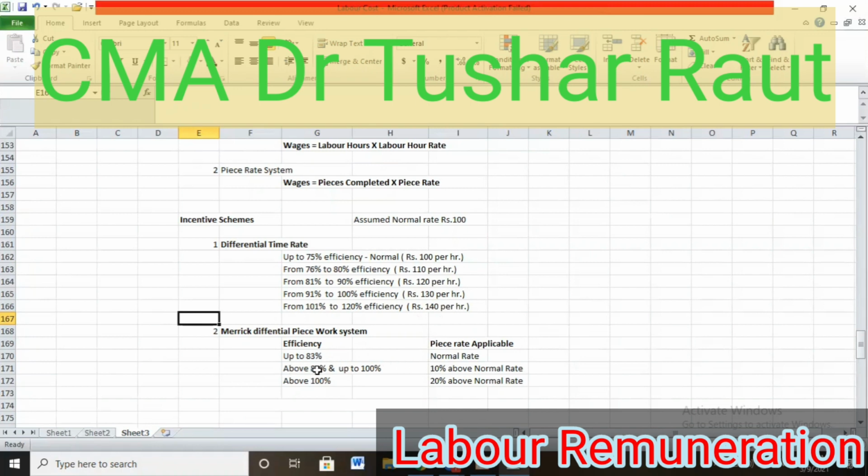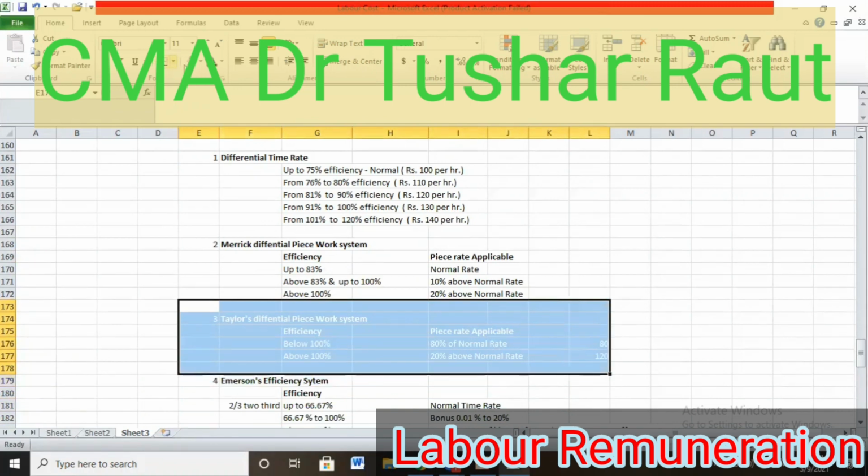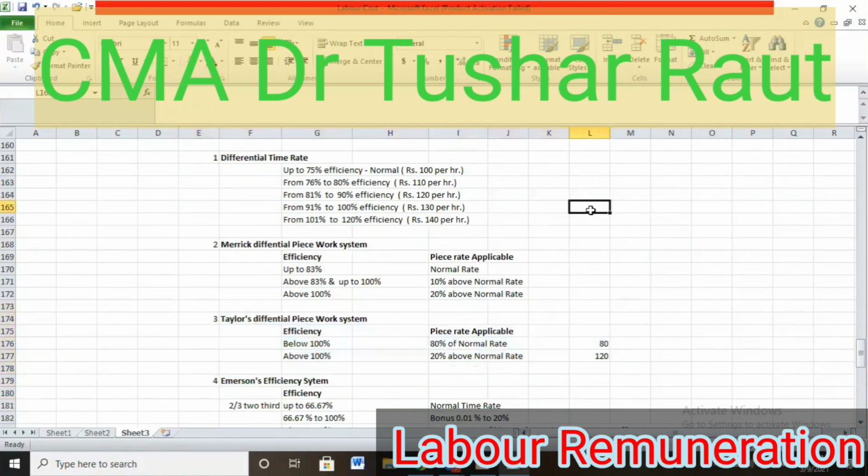Then above 83% and up to 100%, 10% above the normal rate, and above 100%, 20% above the normal rate. So here Merrick's is giving benefits to the workers, with no deduction.